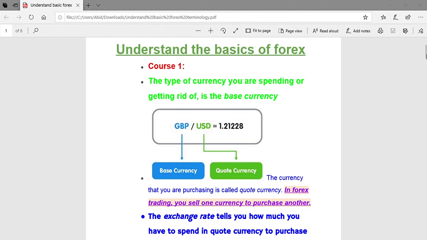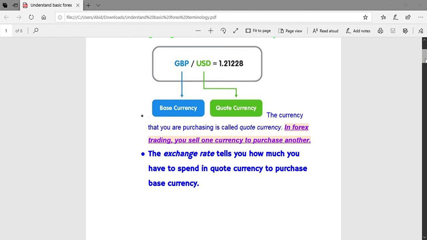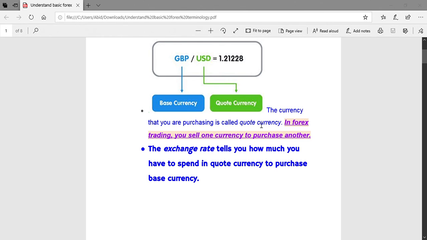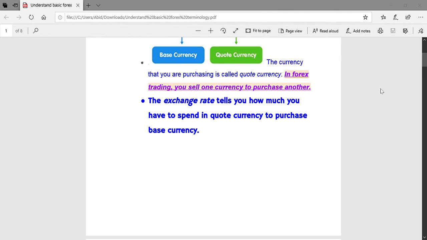Now we go a little lower. The currency that you are purchasing is called the quote currency. You will learn all these things, base currency, quote currency, all the time. People use these terms when you trade any currency pair on any platform, whether it is MetaTrader 4, MetaTrader 5, or any other currency trading platform. The exchange rate tells you how much quote currency you have to spend to purchase base currency.